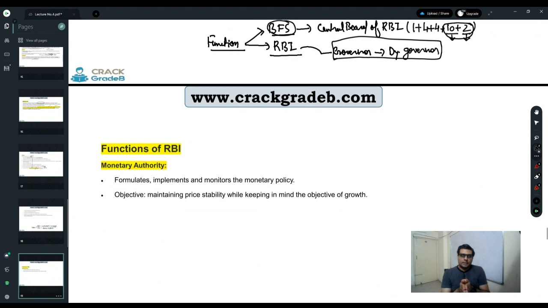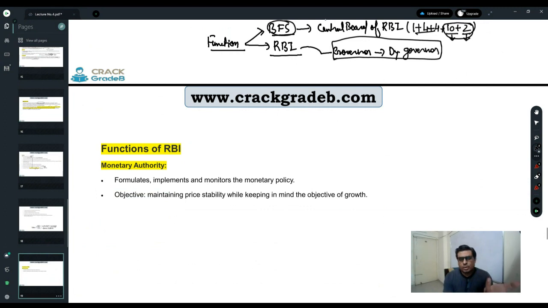So basically, we can divide the functions of RBI into categories: where RBI functions along with the board, and the board has other people apart from RBI who can play a decisive role. You can see that only 9 people are from RBI, whereas 12 people are outsiders. So there is a function of RBI where other people can play an influential and important role, whereas there is a set of functions which is under complete control of RBI.